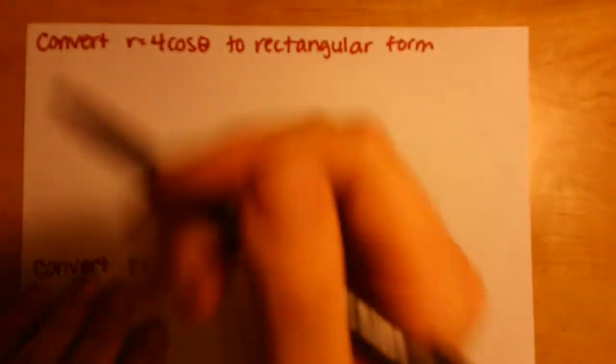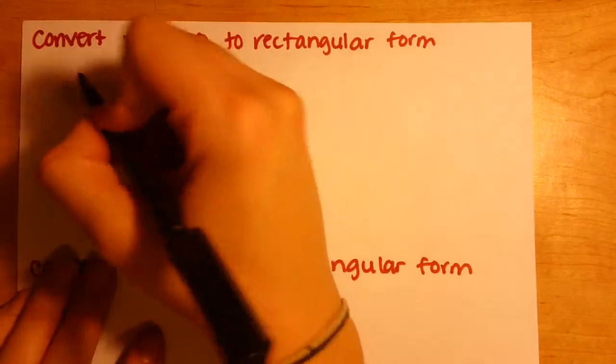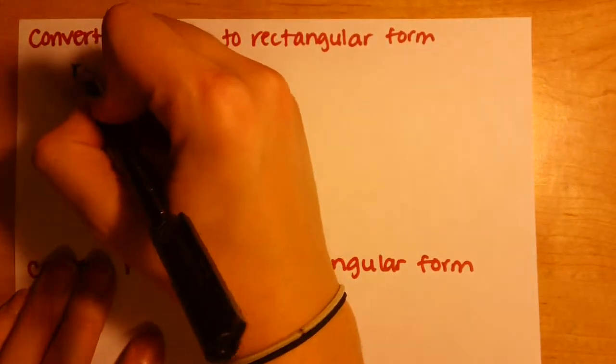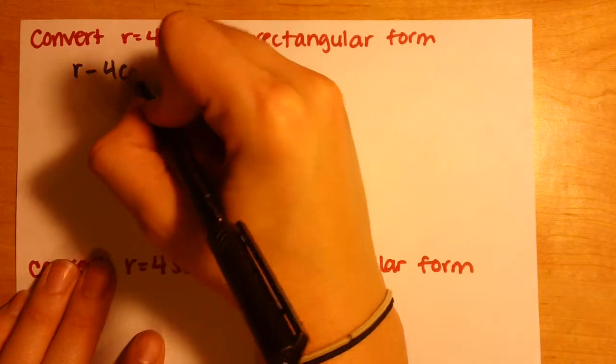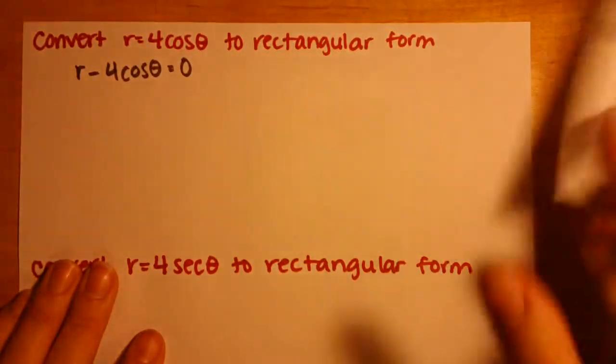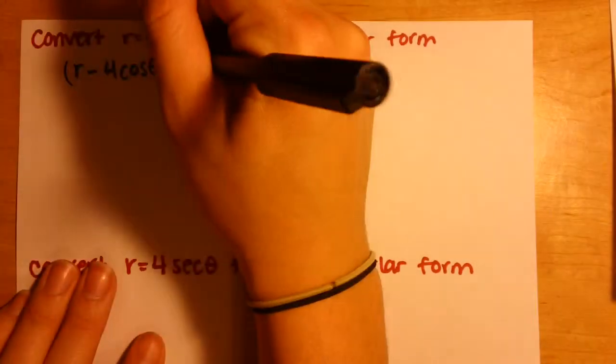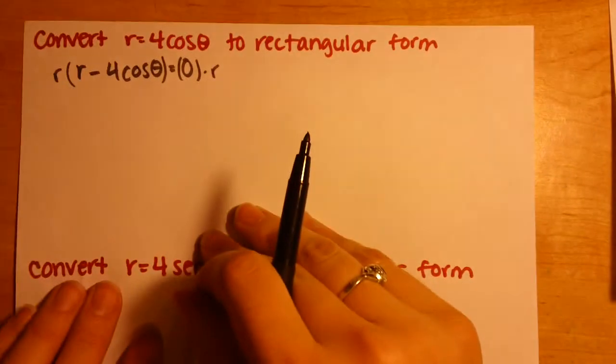So I have r minus 4 cosine theta equals 0. So I know what r squared is, but I don't see an r squared in here, so I can multiply both sides times r. I'm allowed to do the same thing to both sides.